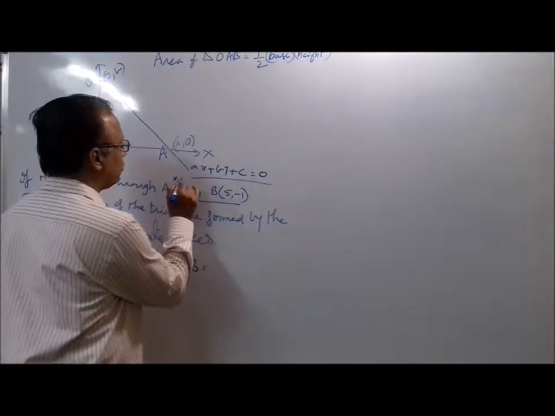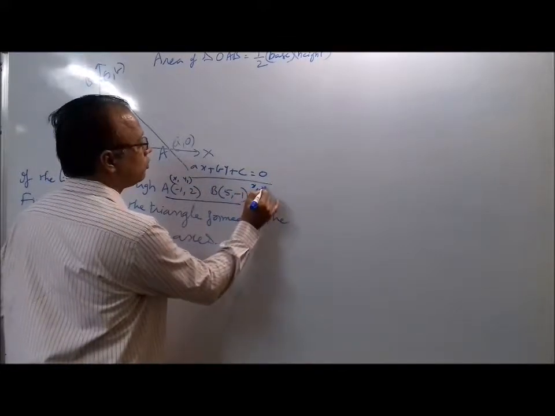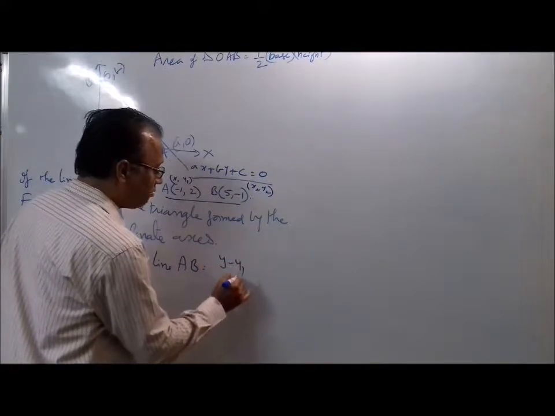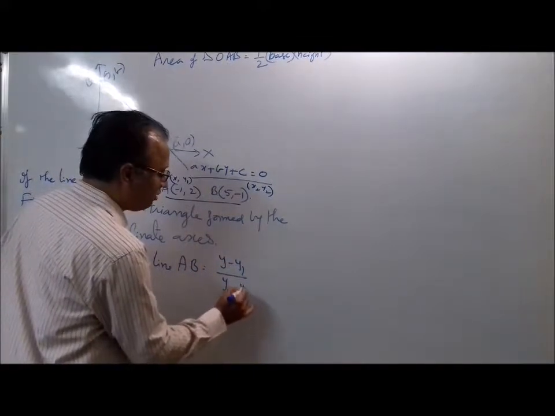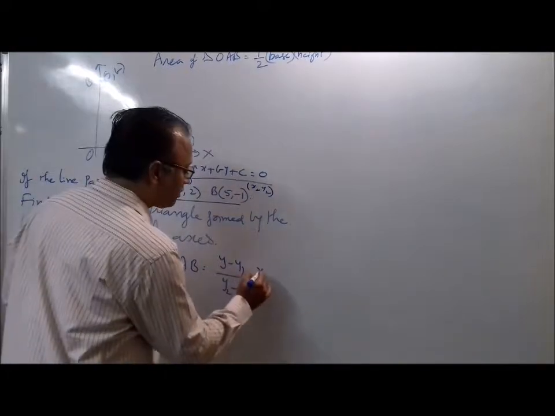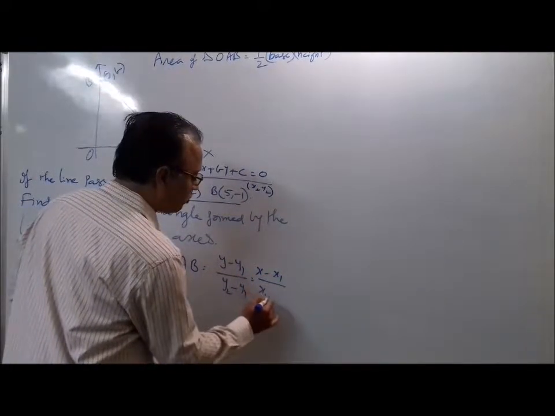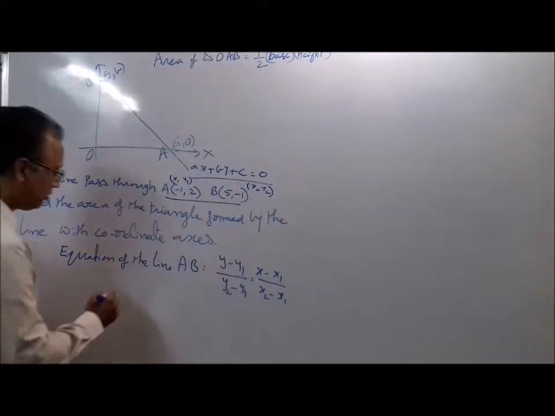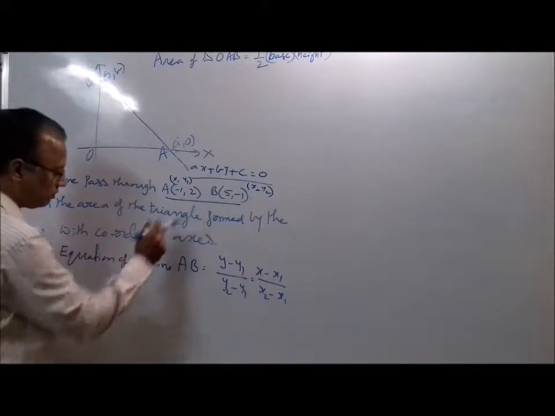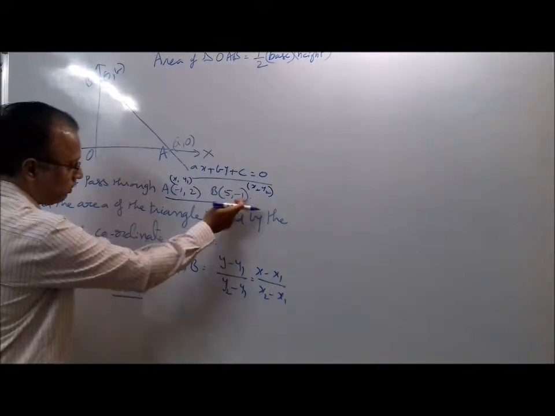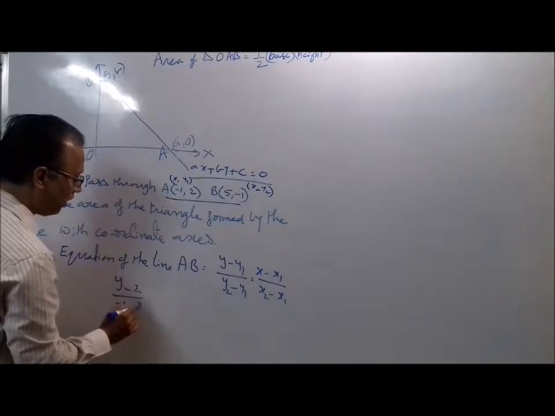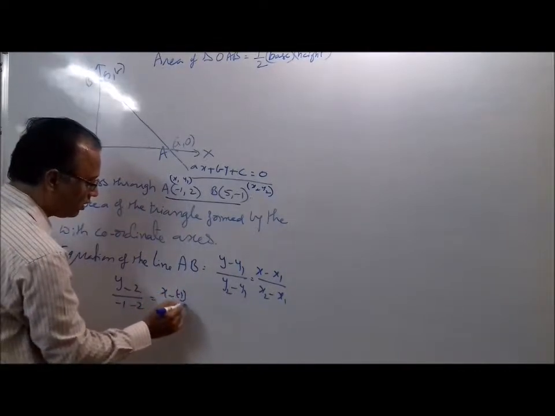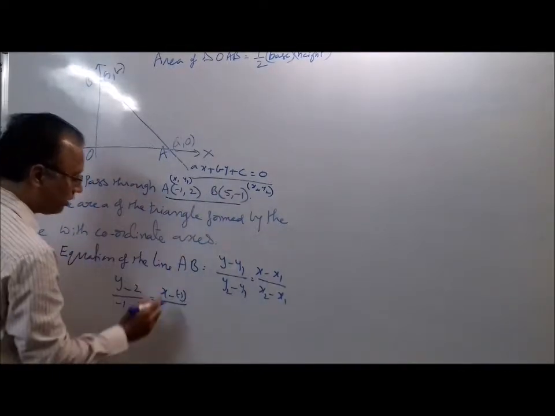This is x1, y1, this is x2, y2. So what is the two-point form? y minus y1 by y2 minus y1 is equal to x minus x1 by x2 minus x1.